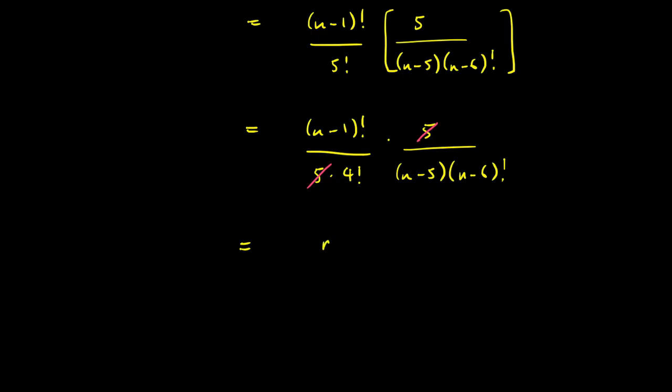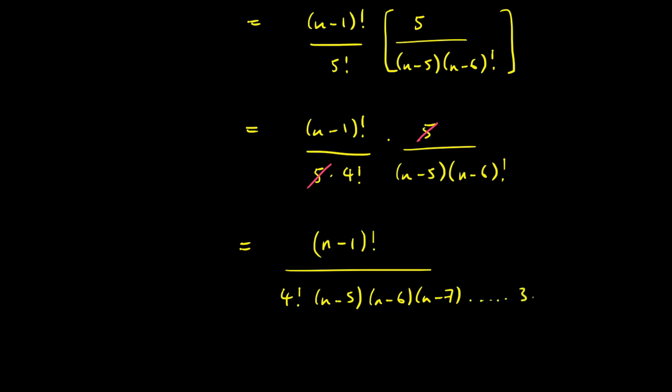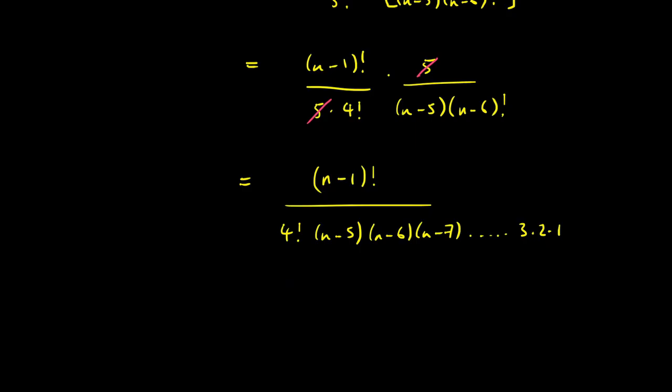Right, so we've got n minus 1 factorial over 4 factorial. And then what do we got here? Well, we've got n minus 5. And then what's n minus 6 factorial? Well, it means n minus 6 times n minus 7 times n minus 8 times dot, dot, dot, times 3 times 2 times 1. Well, guys, what is this whole thing equal to? This whole thing is n minus 5 factorial.